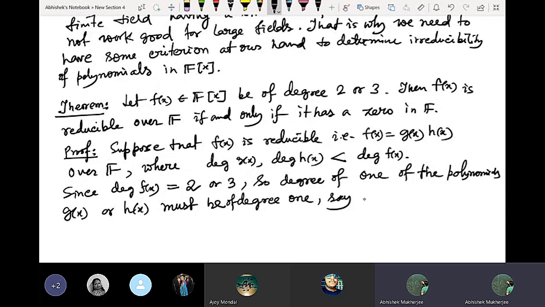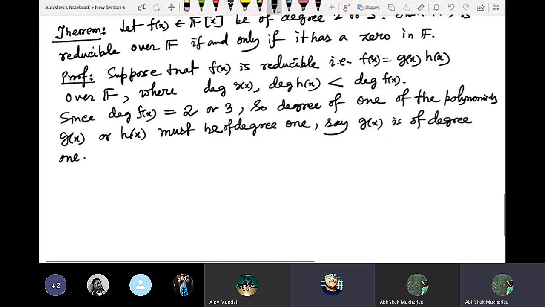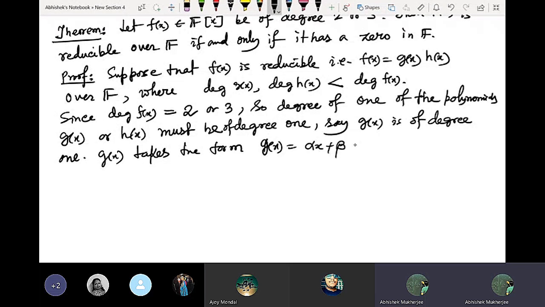Say, let us suppose that g(x) is of degree 1. Now since the degree of g(x) is 1, g(x) takes the form g(x) = αx + β in F[x], where α is not equal to 0.